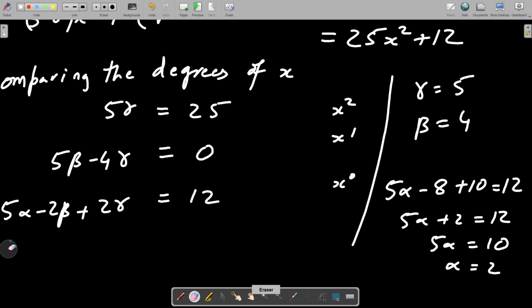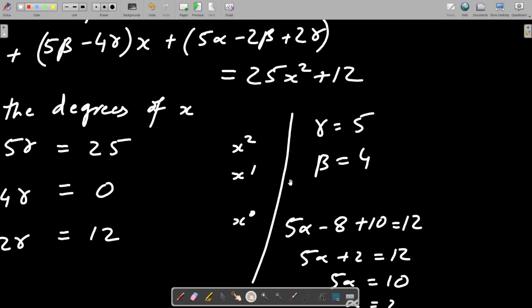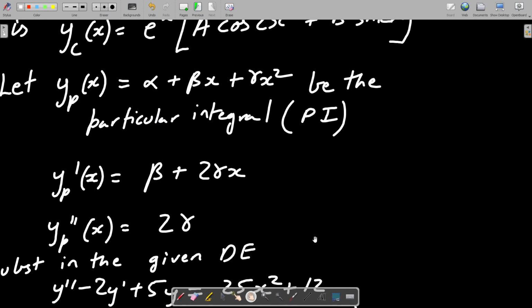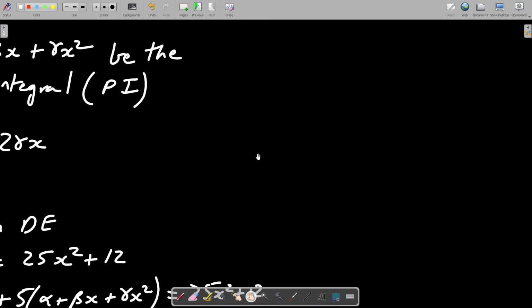I'll just write here. Okay, so hence yp of x is equal to, substitute the values.